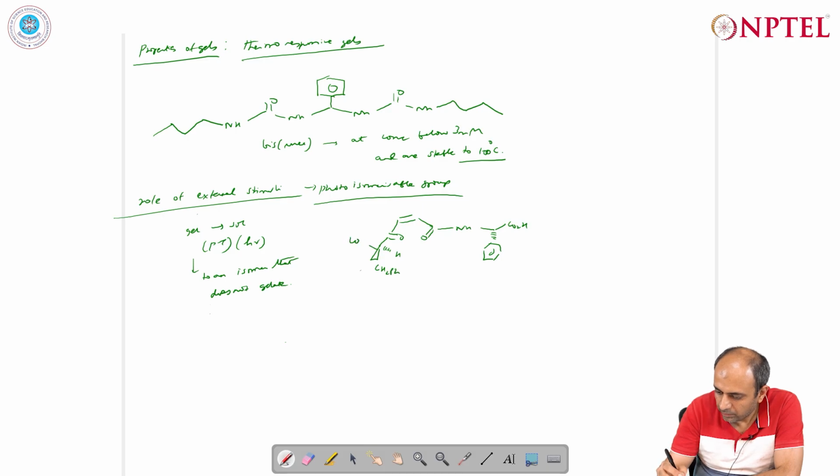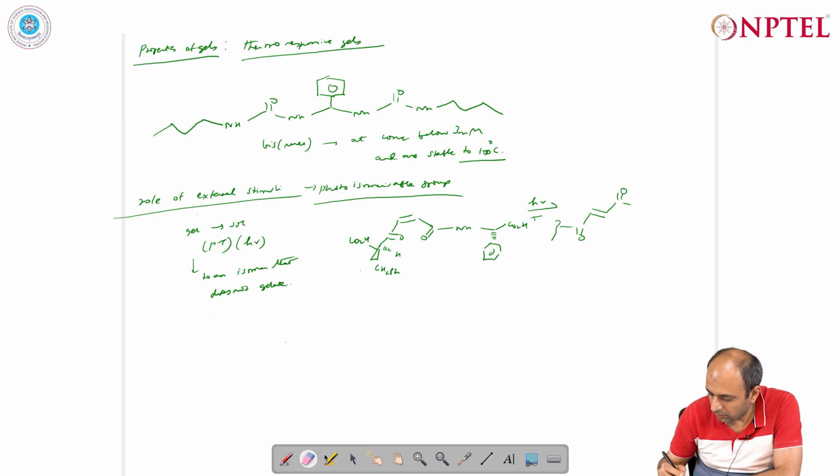CH2Ph CO2H. In the presence of light, it can convert from the cis to the trans geometry.